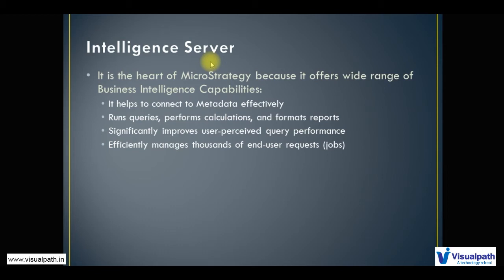At that time, it is very difficult to manually decide which request you should give priority to, which request should first go and fetch the data, and which request should hold for now. All this management is done by Intelligence Server. You don't have to worry. Intelligence Server is intelligent enough, that's why we call it Intelligence Server, to efficiently manage all those thousands of end user requests, okay? You don't have to take care of that manually.